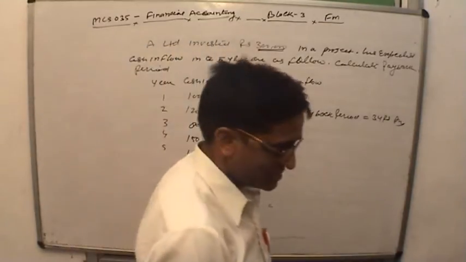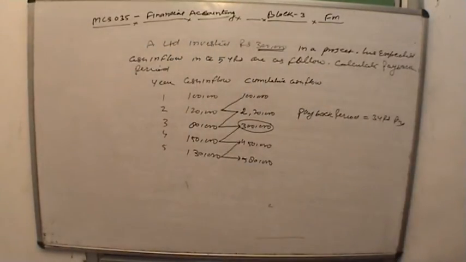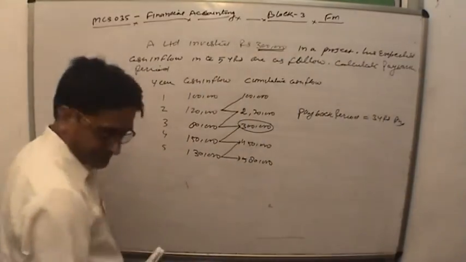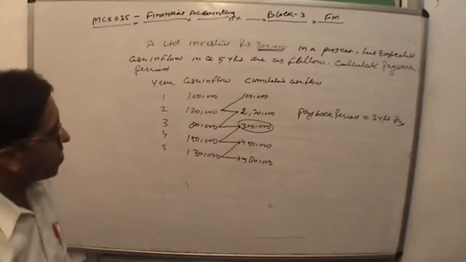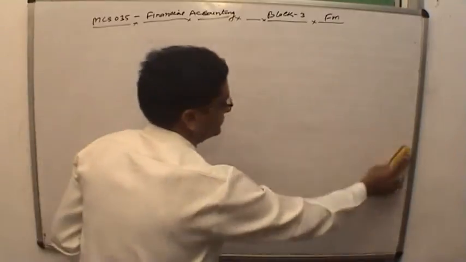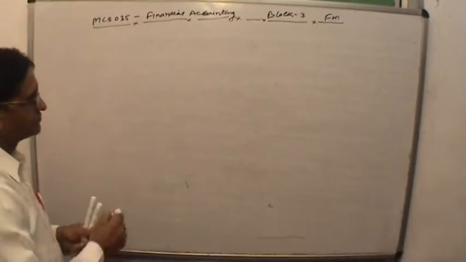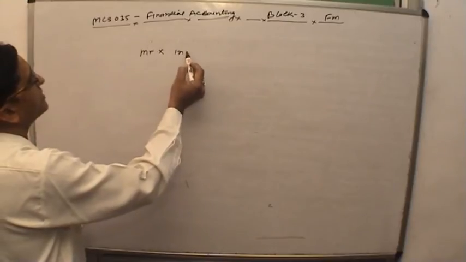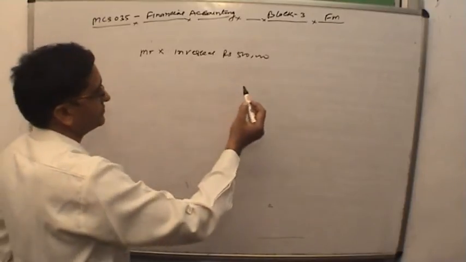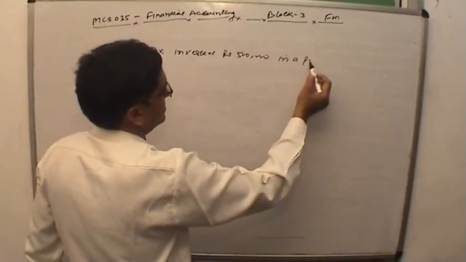But sometimes in problems, uneven cash flow is given, so that you can't meet the exact value in any year. Then how do you calculate such problems? By the next example. Mr. X invested rupees 5 lakh in a project.